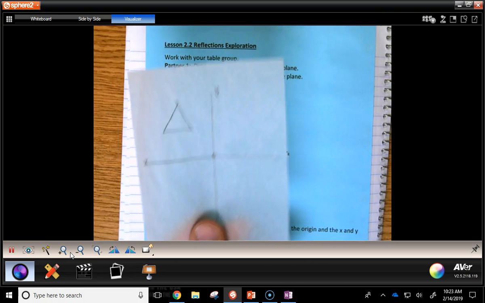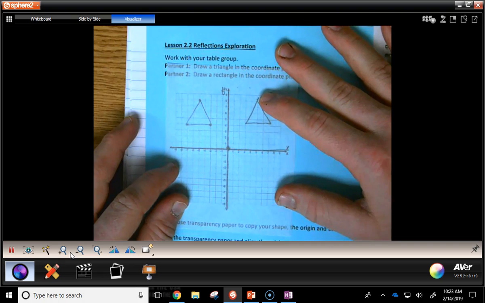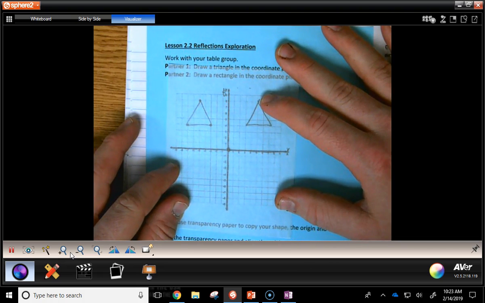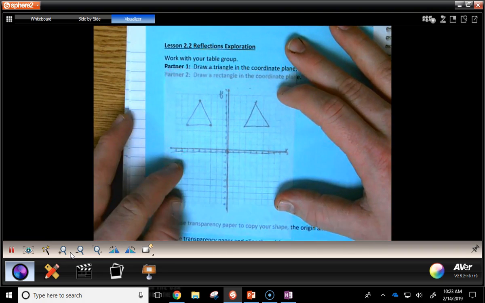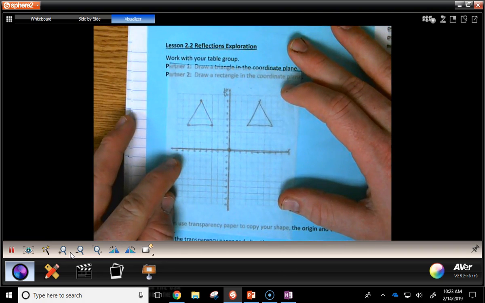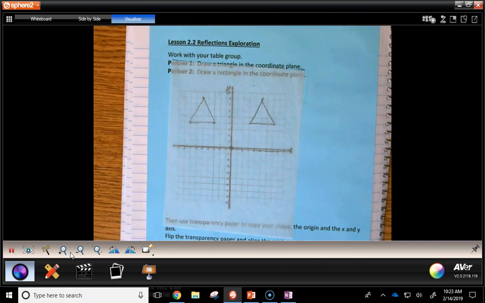What it means is, I'm going to take my paper and flip it upside down, but I'm still going to line up my x-axis. I'm still lining up my y-axis like it says. It said flip the transparency paper and align the origin and the xy axis.